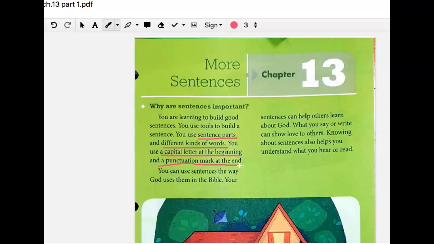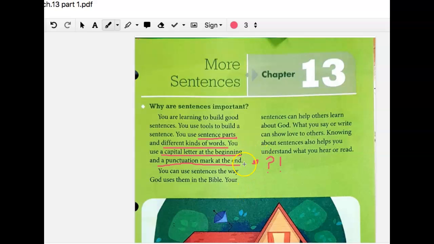Do you remember what punctuation marks we put at the end? We can put a period. You can put a question mark. And you can put an exclamation point.